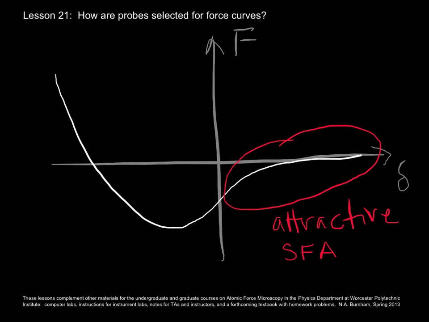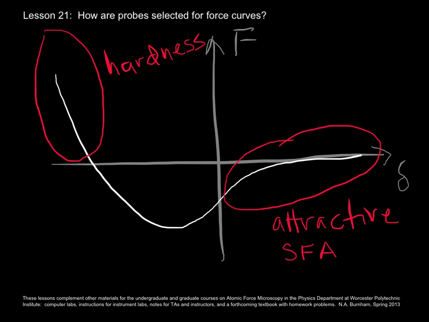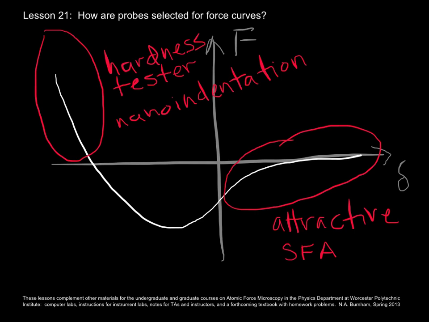And for decades, the repulsive regime has been studied, looking at the hardness of materials, so diamond tips poking into aluminum, for example, and leaving holes, and measuring the size of the holes, and looking at how much force was applied, coming up with a measure of the hardness of the material as a result.